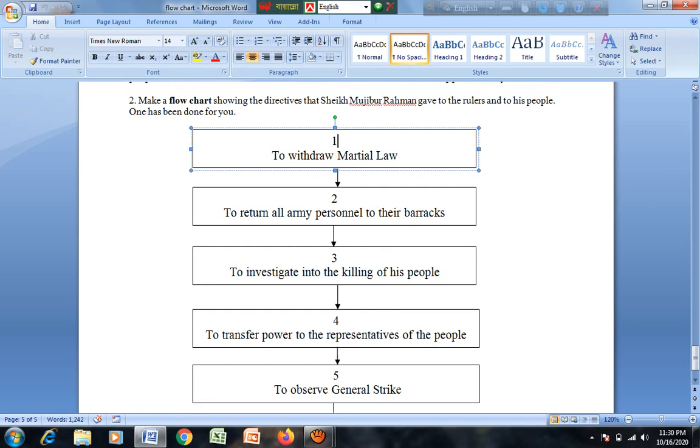Just remember, you will have to draw the boxes one below another, and you will have to follow the model answer given in the first box, and always try to make your points easier and smaller as much as possible, and then you will be awarded full marks.